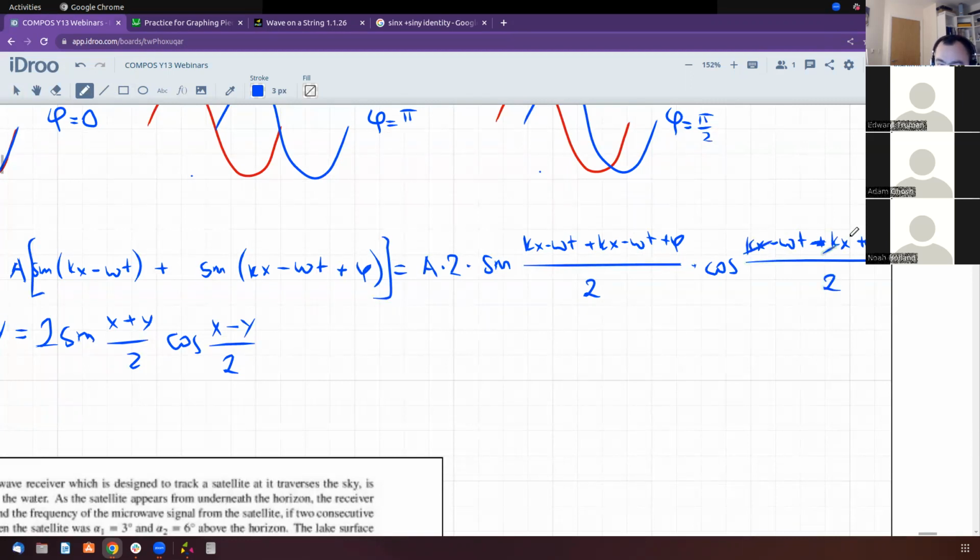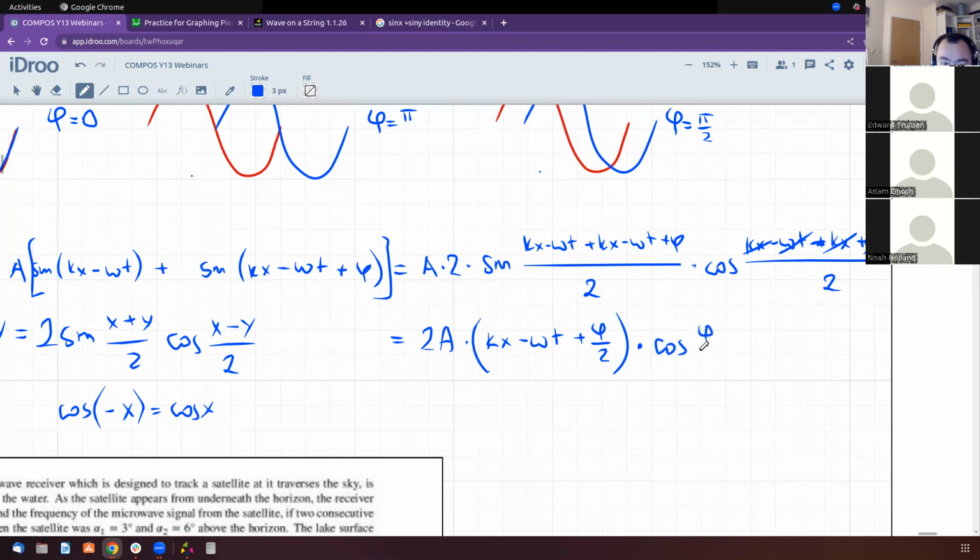Here kx cancels, omega t cancels, and you're left with minus phi over 2. Then you remember that cos of minus x is equal to cos x, because cosine is even, so you can get rid of this minus. We're left with 2a multiplied by sine of kx minus omega t plus phi over 2, multiplied by cos of phi over 2.